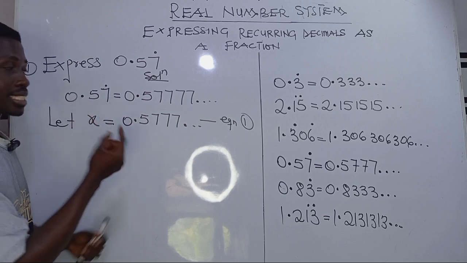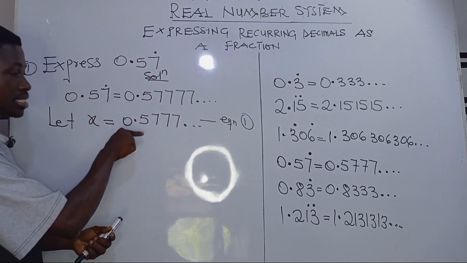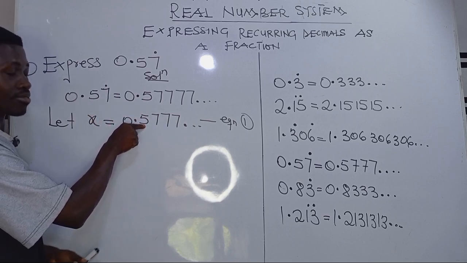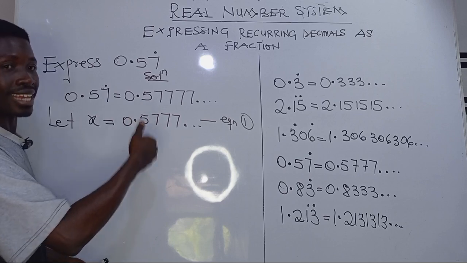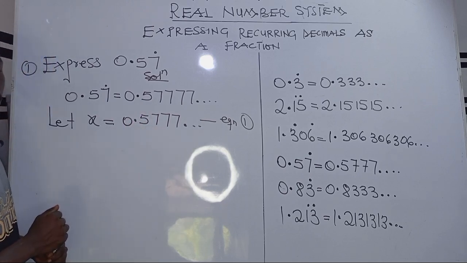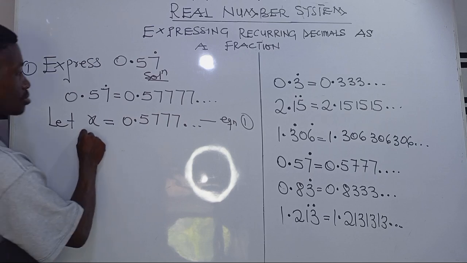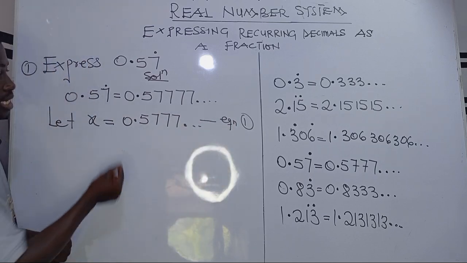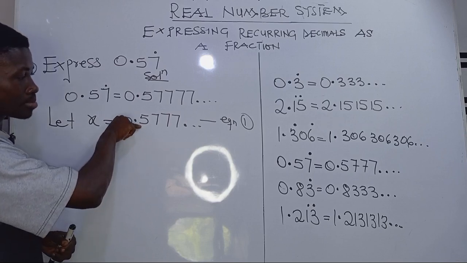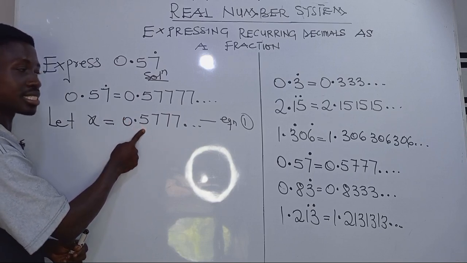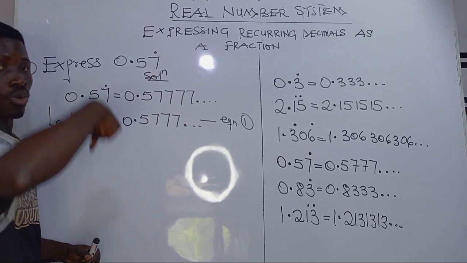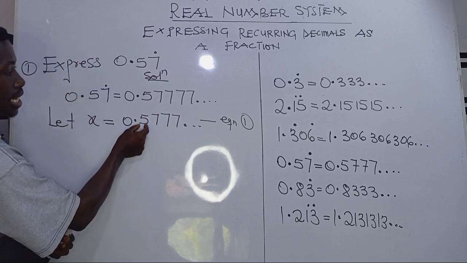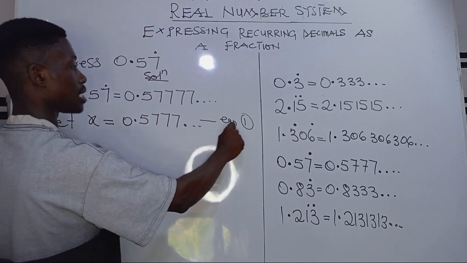It is only one digit that comes behind the decimal point. That is 5. And that 5 does not repeat. So what we are going to do is that we are going to multiply equation 1 by 10, because the number that comes directly behind the decimal point is what? 5, and it is one digit. So if it is one digit, we multiply equation 1 by 10.